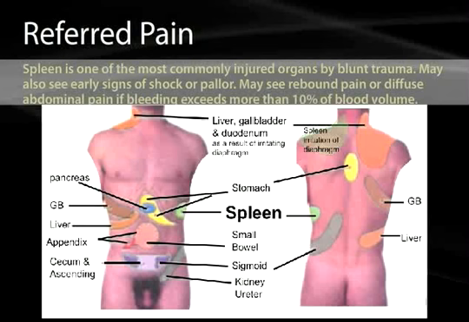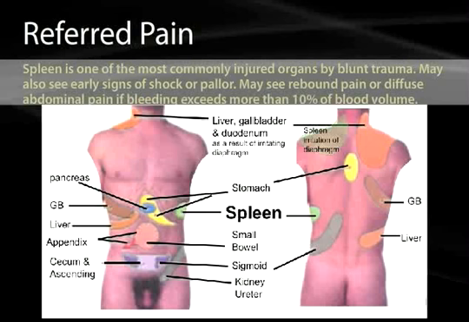And when that happens, notice how people will say that their pain is diffuse, so they have big hands when they point at it as opposed to a single finger pointing at their pain if it's actual somatic pain. Here we've lit up the spleen to show that it's hurting at the right side, and you can see also up top that we would have the shoulder pain as a referral, because the blood that's leaking from this splenic rupture could actually irritate the diaphragm, which would then give a referral up to that left shoulder on the same side as the injury.